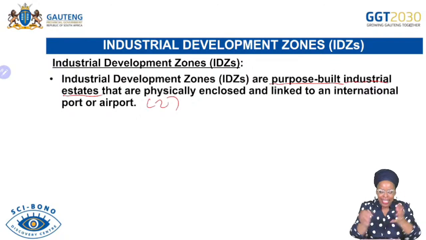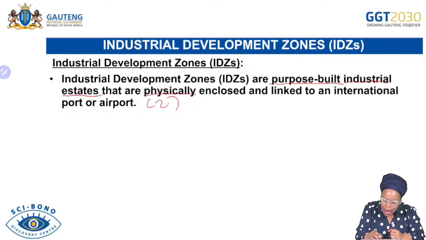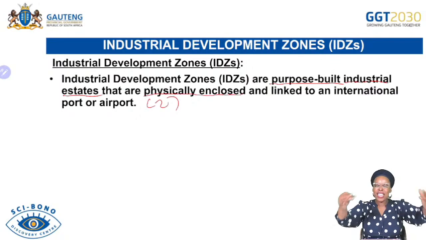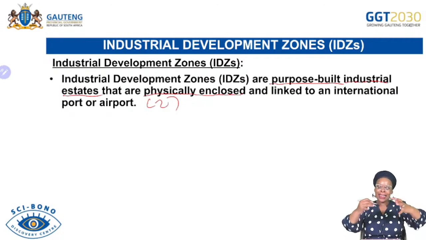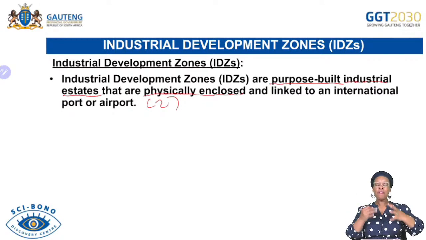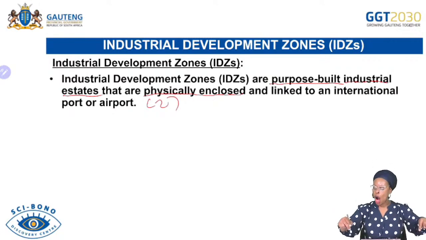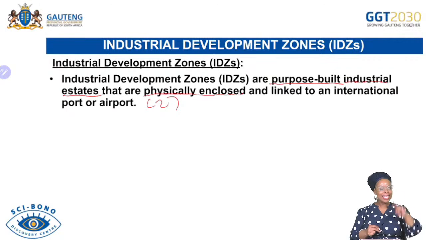And they are physically enclosed. These keywords I want you to master. They are physically enclosed. Where these industries are found, there is a fence or a big wall around it. That is another feature of an IDZ.